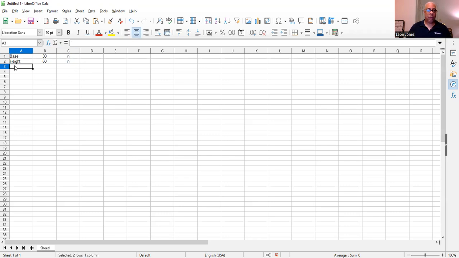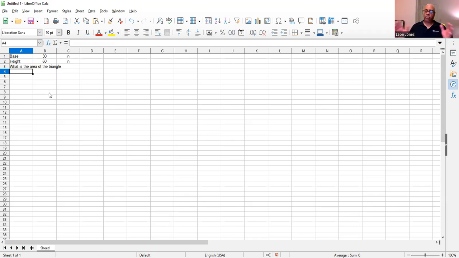What is the area of the triangle? Again, this is very, very, very basic.